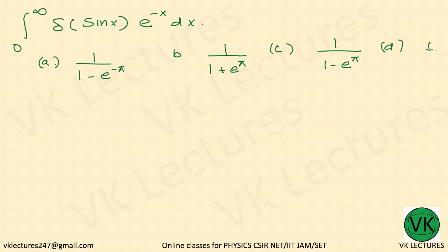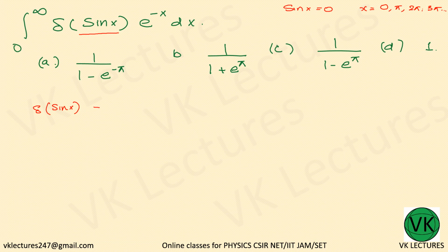So delta of sin x. We need to find the factors or the solutions to this sin x, right? So delta of sin x. I need sin x equal to 0. So what are the values of x I can have? 0, pi, 2 pi, 3 pi, etc. Right?